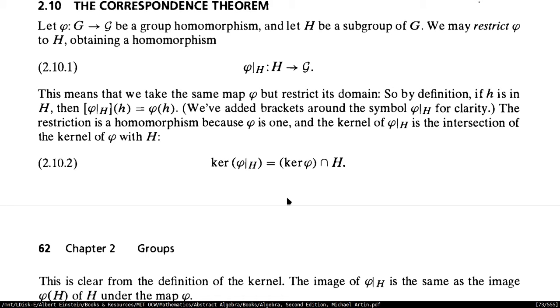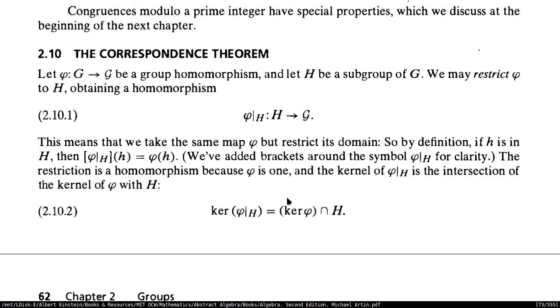So let's see. You have a group homomorphism, and you have a subgroup of G. Here you have the group homomorphism going from G to curly G, whatever, and H is a subgroup of G, right? So what you do is you restrict phi, the homomorphism, to H, and then you get a restricted homomorphism, which is going from H to the curly G, right?